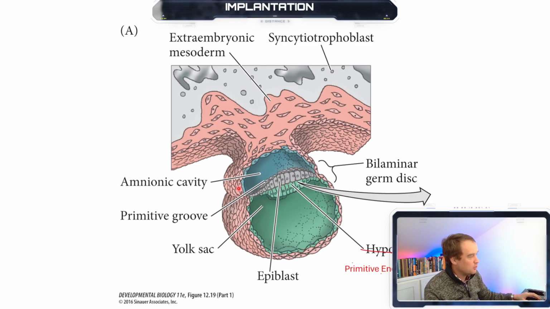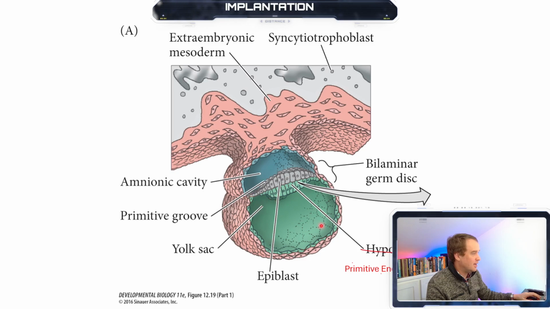So I guess what I will point out at this point, during implantation, we are going through gastrulation, and we have this amniotic cavity and this yolk sac here, the epiblast and hypoblast that we had talked about previously. And we'll start to see migration of cells. So we'll get this primitive streak development, and cells will migrate from the exterior to the interior, start forming the tissue layers that are required for organ development.